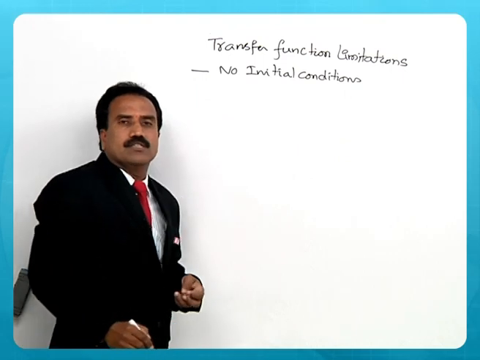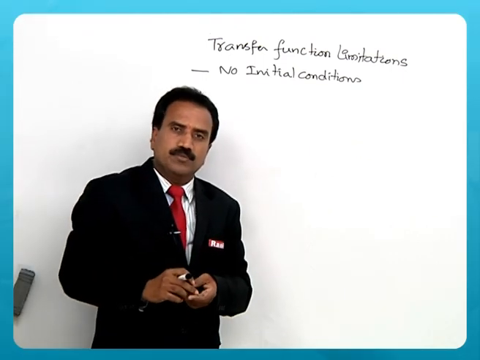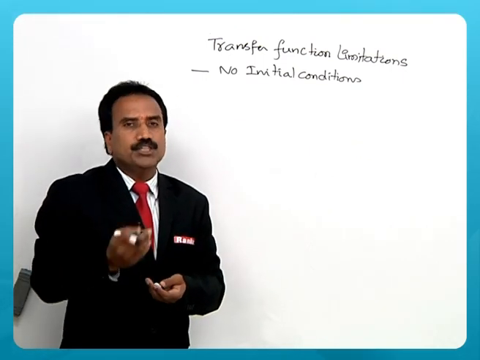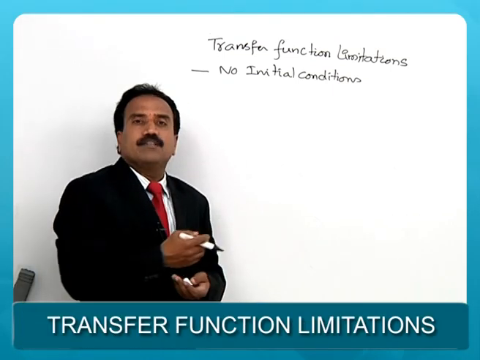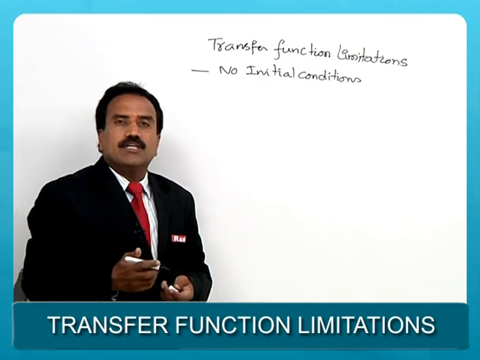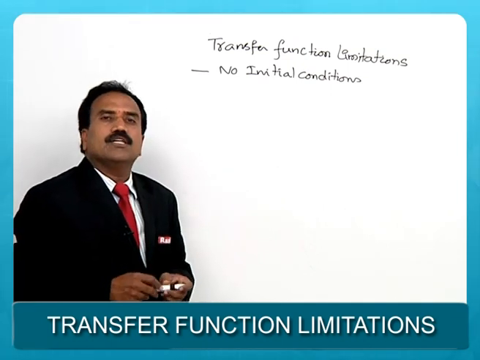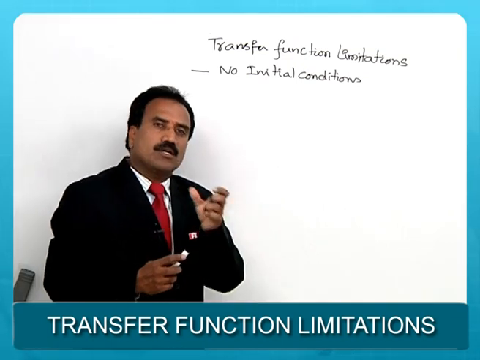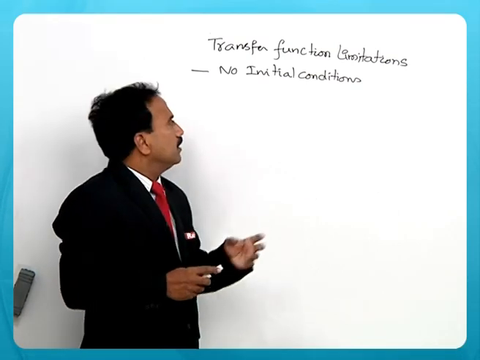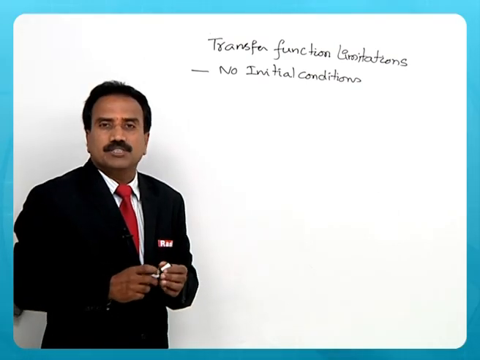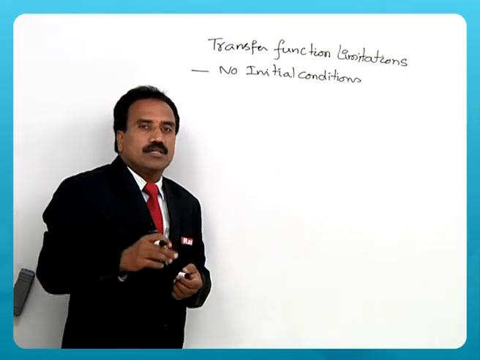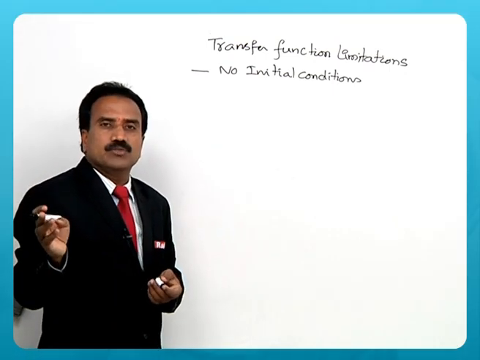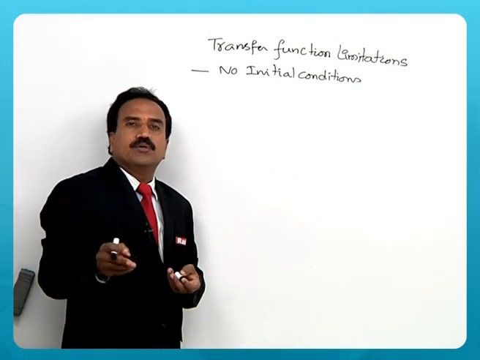Initial conditions, if you consider an electrical system, a capacitor may have initial voltage in it, or inductor, if you take, there may be an initial current in the inductor. So, that initial current and initial voltage across energy storage elements is not being taken into consideration. So, transfer function has got that limitation, but in a practical circuit or systems, initial conditions cannot be ignored always.